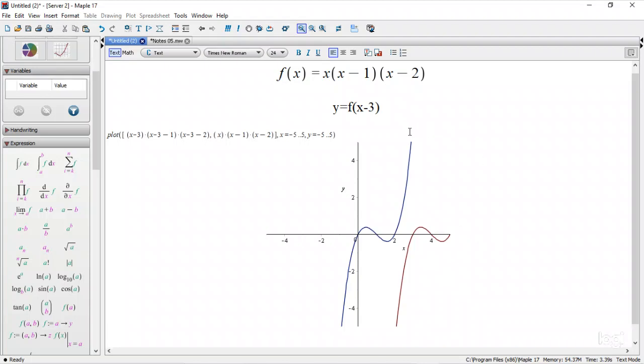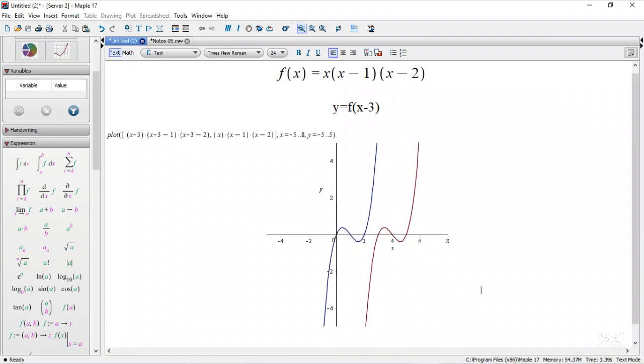Now I have to expand the x region, so let me expand it. Now you can see the graph, and so this is a translation along the x-axis.